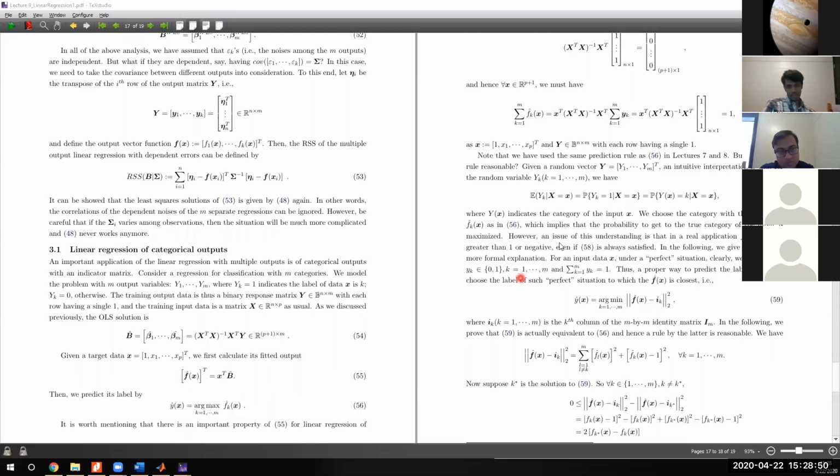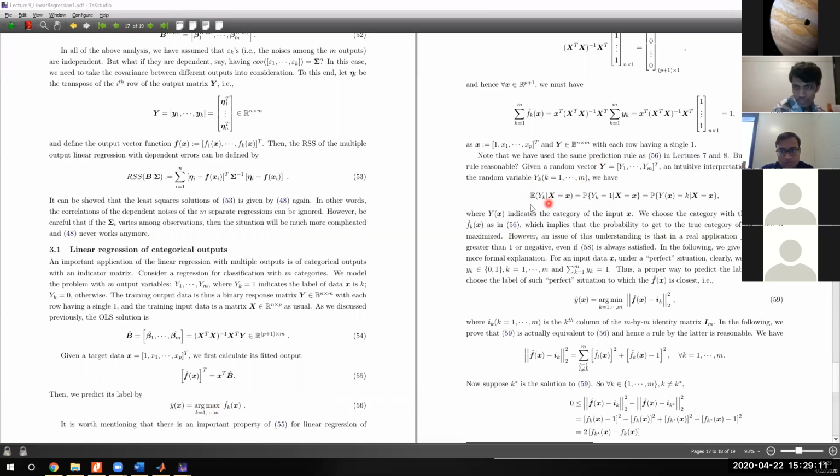Nice. Then immediately we can have an intuitive argument of this method. Because the expectation of the yk given x equals x is equal to the probability that yk equals 1. Why? Because your yk has only 2 values, 0 or 1, right?